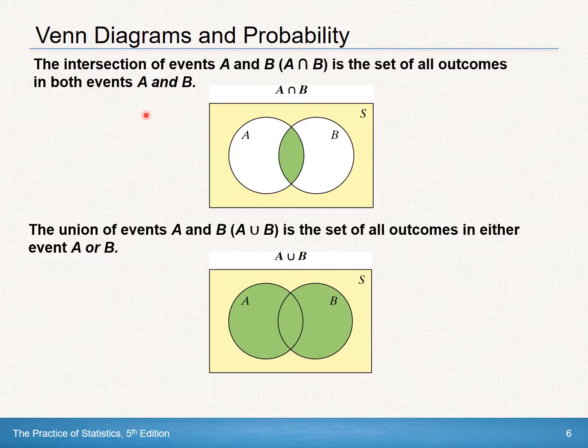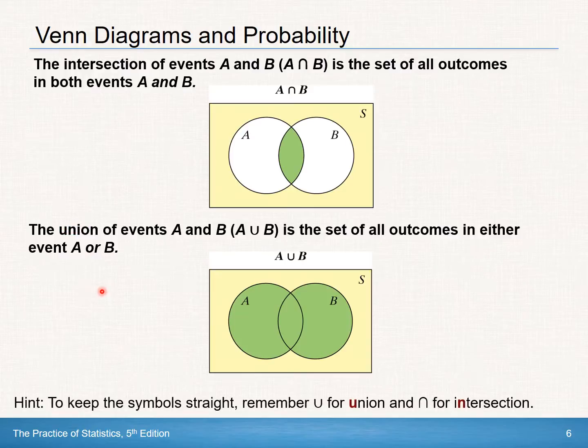Intersection is and. To keep the symbols straight, remember U for union and upside down U for intersection, or N.